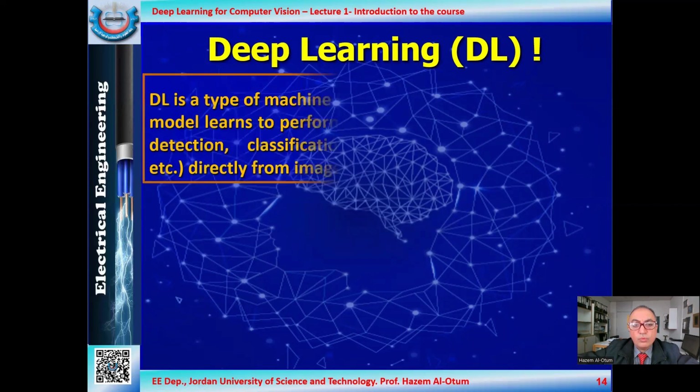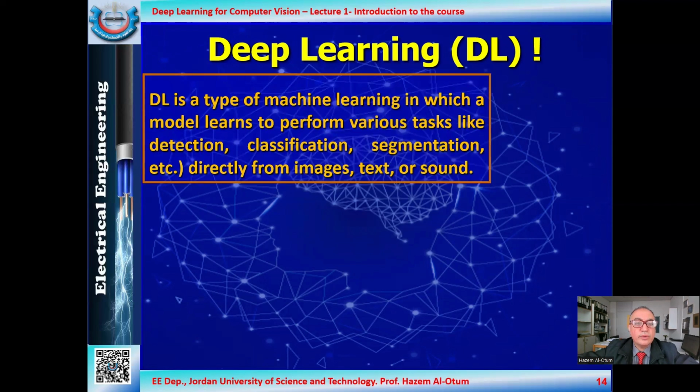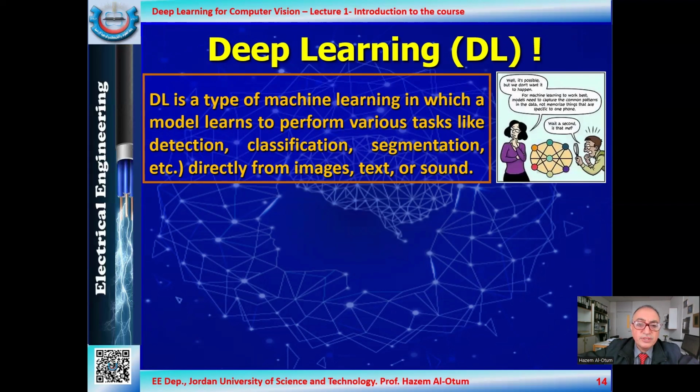So what is deep learning? As we said before, it's a type of machine learning in which a model learns to perform various tasks like detection, classification, segmentation. So our main objectives in deep learning are to perform operations like detection of objects, detection of faults, of people, cats, dogs, etc., to classify these objects into different classes, and maybe to segment.